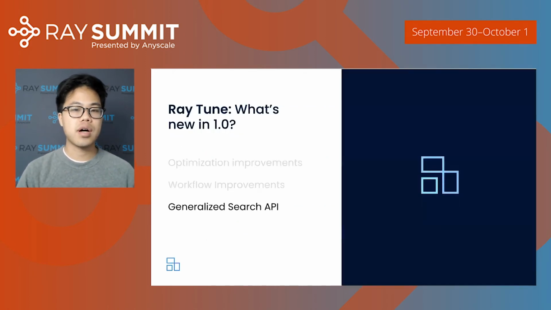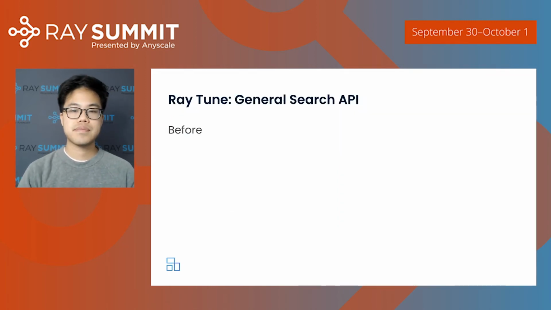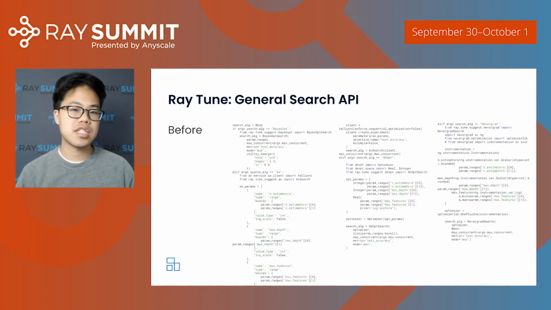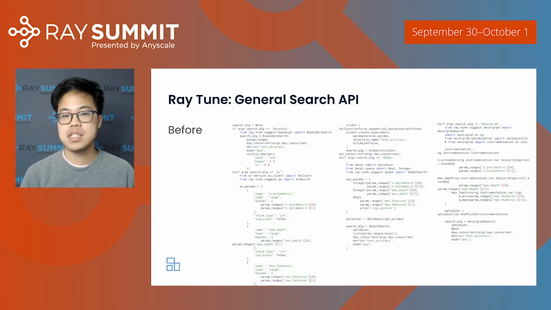The third feature I want to talk about in this release is a generalized search space API. As we mentioned before, RayTune offers a variety of different integrations with different search algorithm libraries. However, a dirty secret is that it's actually not quite easy to switch between libraries.